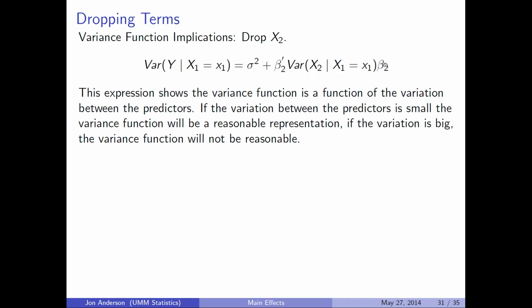This quadratic form multiplying here will be small, and so it's quite possible that the variance function won't be very far wrong if the variation between the predictors is small.